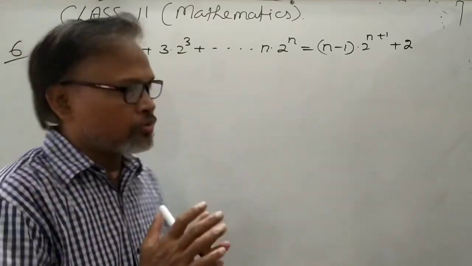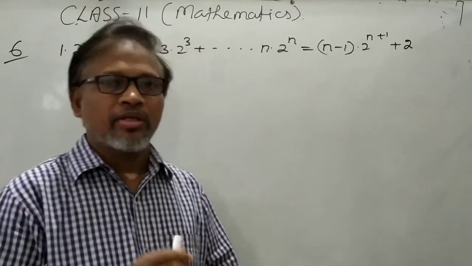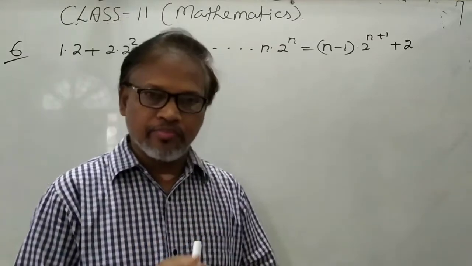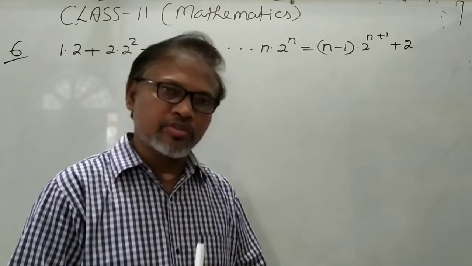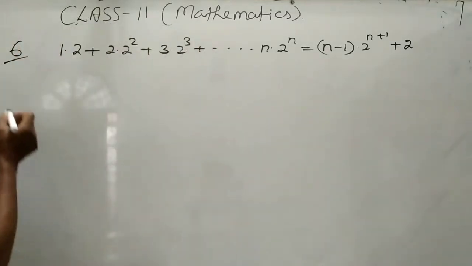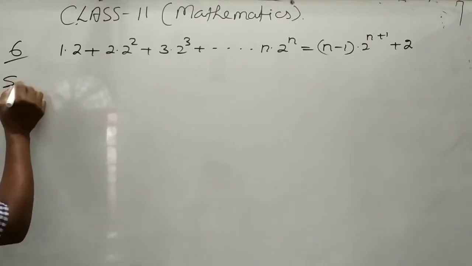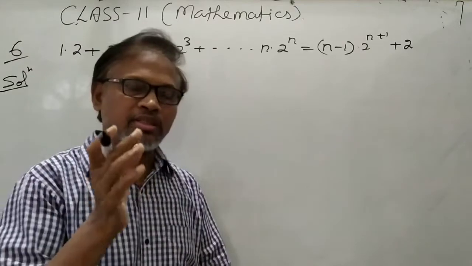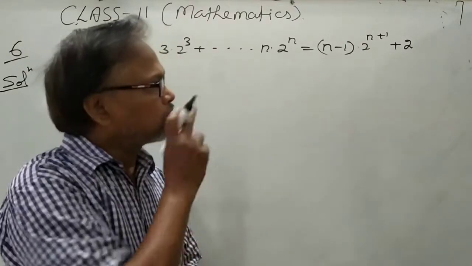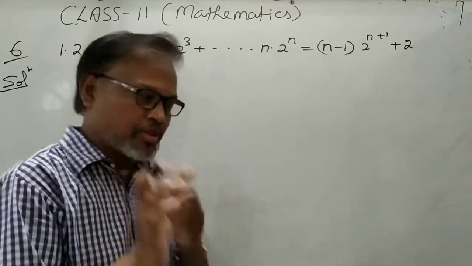As I told you in the previous video, there are 3 steps. One is the basic step, the other is the induction step. But before the basic step you have to let this equation be one variable, called Pn.